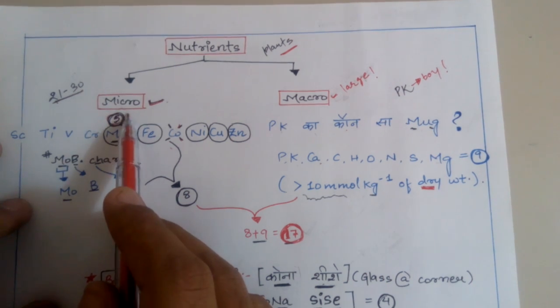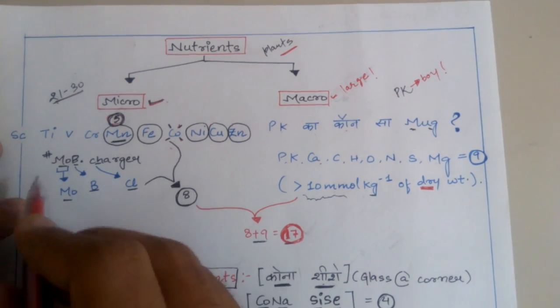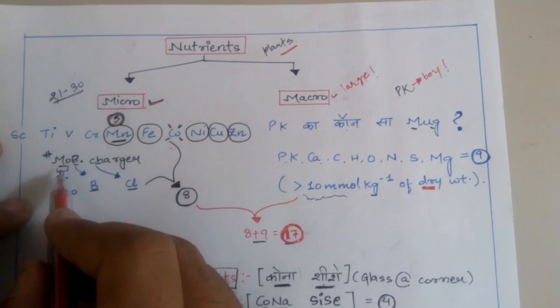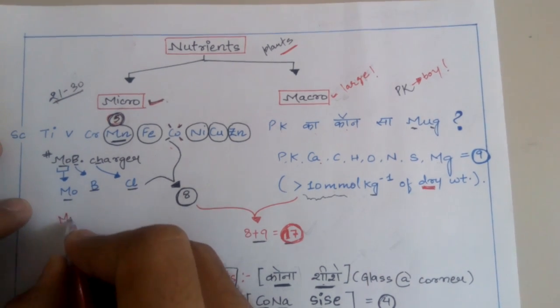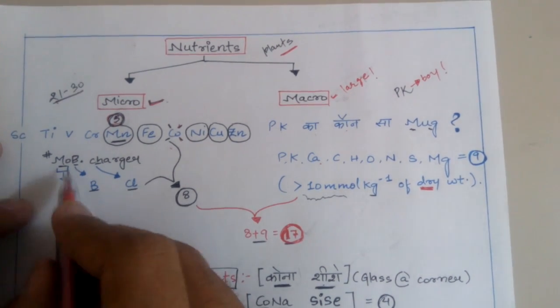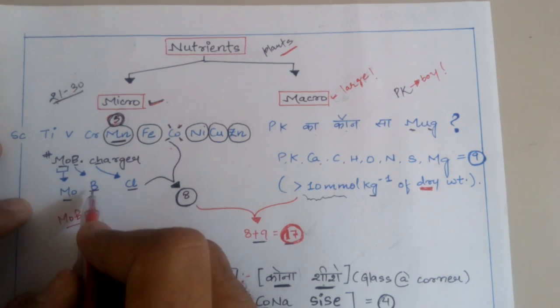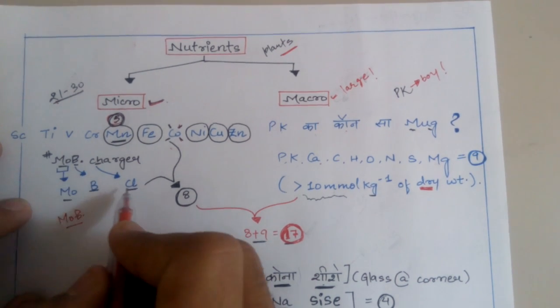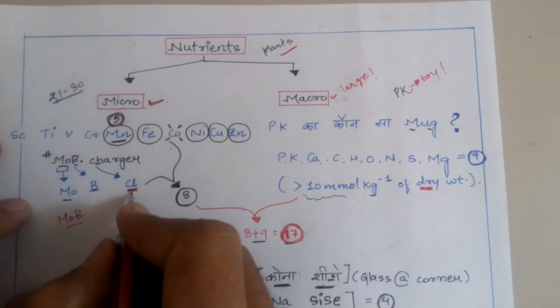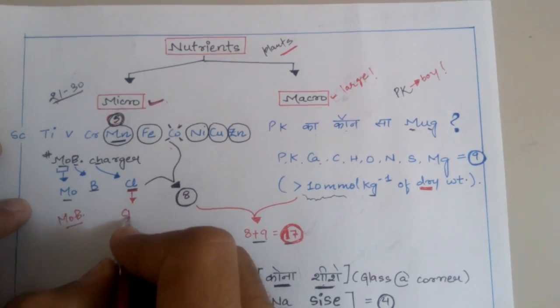The remaining 3 micronutrients can be remembered by a very simple trick, that is mobile charger. MOB, we know very well, is the abbreviation for mobile, where MO simply means molybdenum and B simply means boron. Charger is the chlorine, that is Cl.